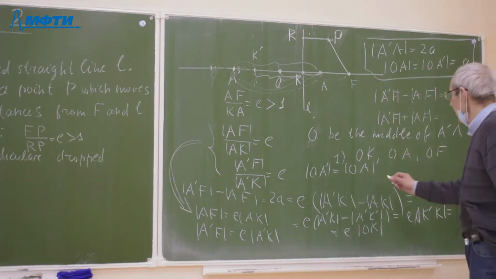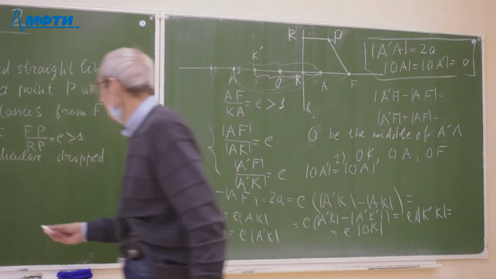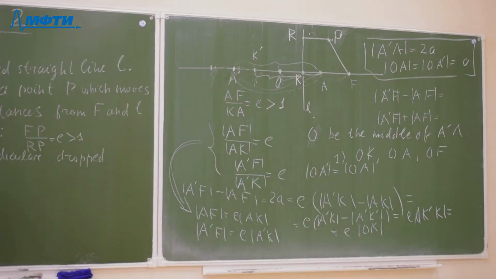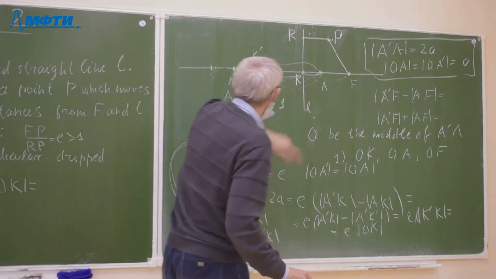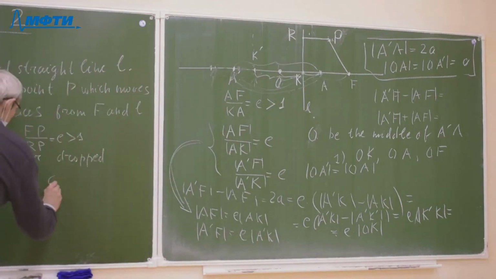And we obtain the first relation: 2a is equal to E times the distance K prime K.